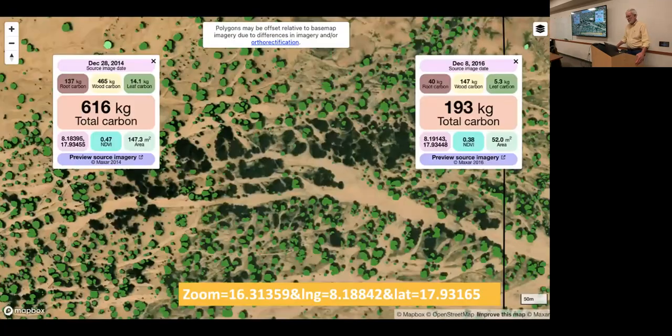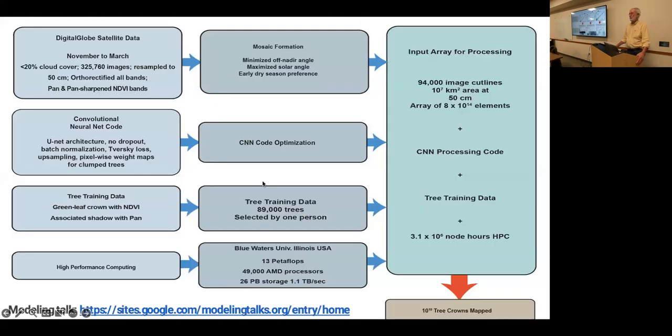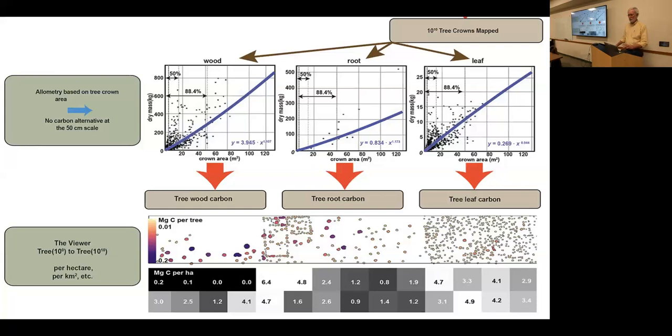So I'll stop here and answer any questions. If anyone is really interested in the details, in our Nature paper, extended data figure 10 goes into all the machine learning things, what we did in a graphical form like this. But these are things I've already showed. Very shortly, we will have an updated version of our viewer at the Oak Ridge National DAAC.